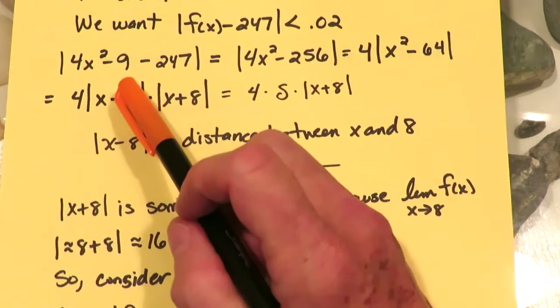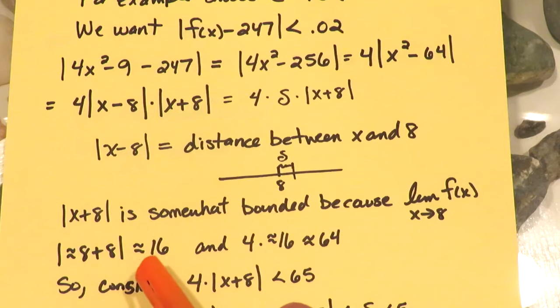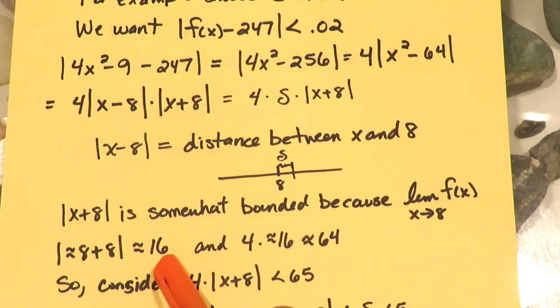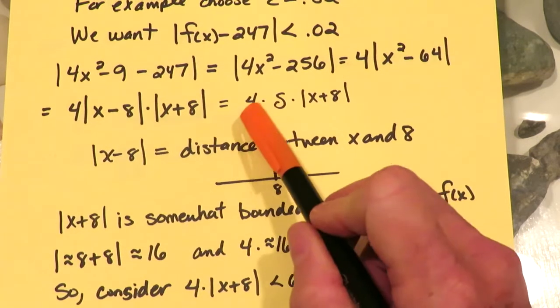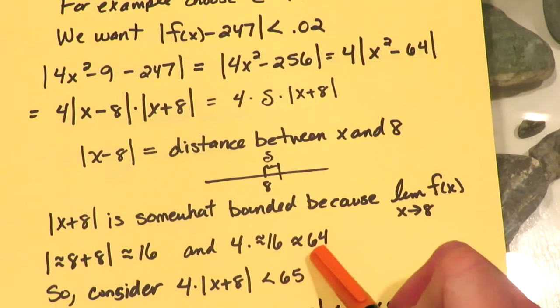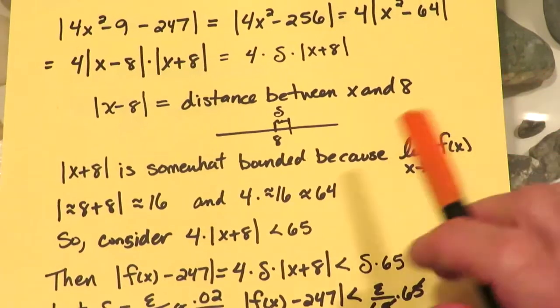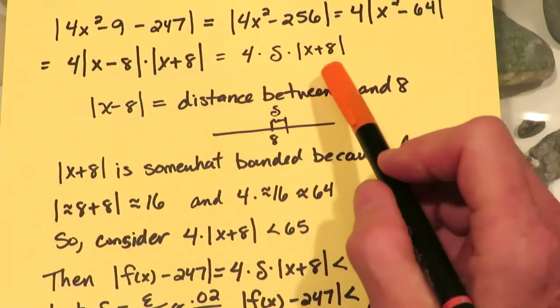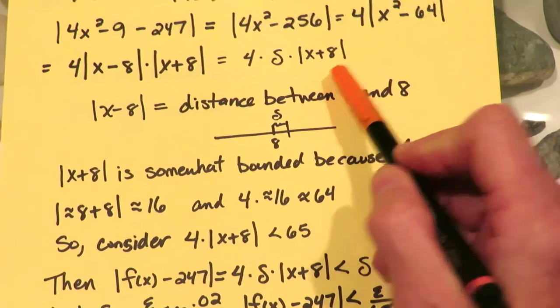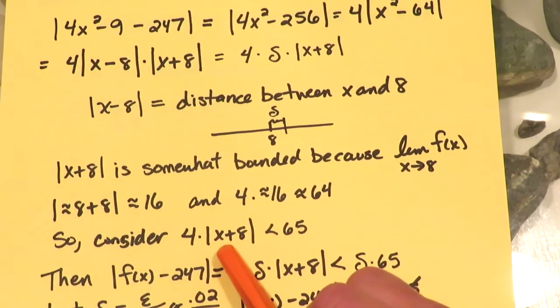So you could think about how the absolute value of x plus 8 is going to be kind of close to 16. And then 4 times that is going to be kind of close to 64. So why don't we just consider that 4 times the absolute value of x plus 8 is going to be less than 65, because we know it's going to be close to 64.